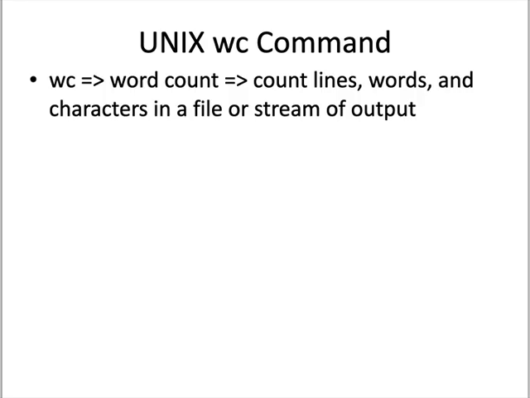So the syntax of the WC command is this. Again, things in square brackets mean they're optional. So we have to have the WC command. We can have optionally one or more options to the WC command. And then actually the files are optional themselves.